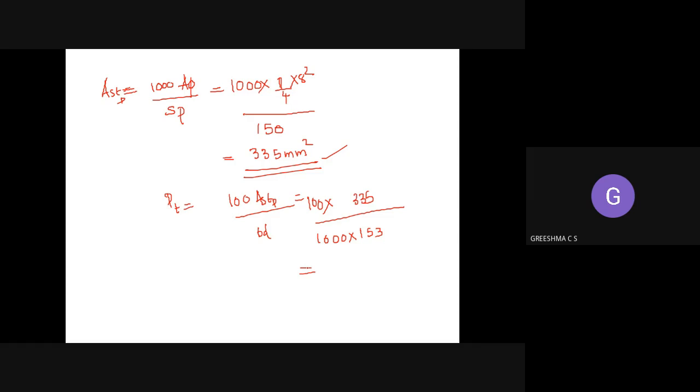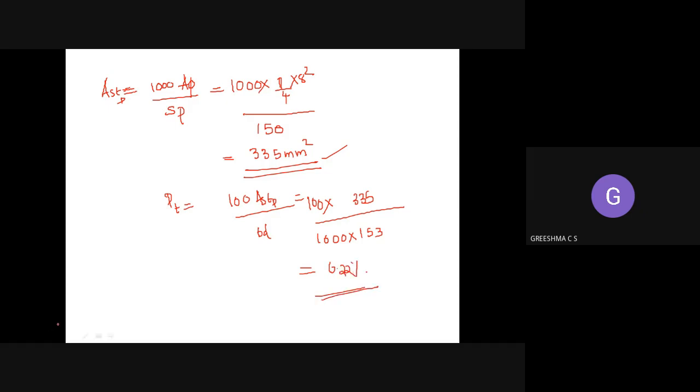Substitute and tell me the answer. Point 22. You will get 0.22%.